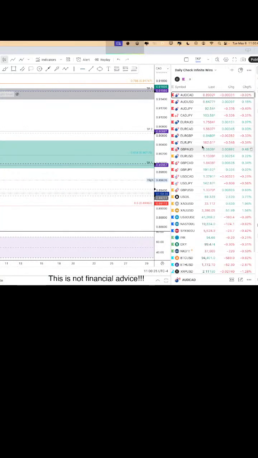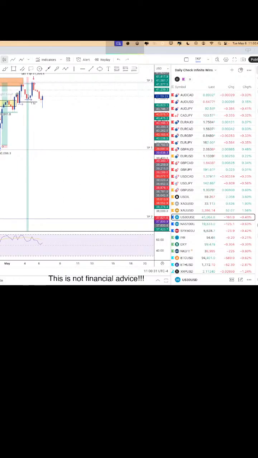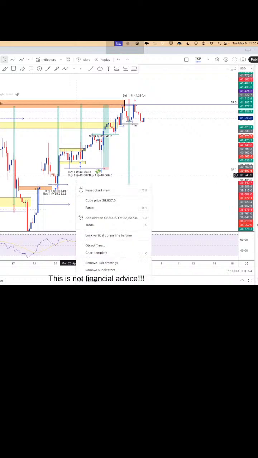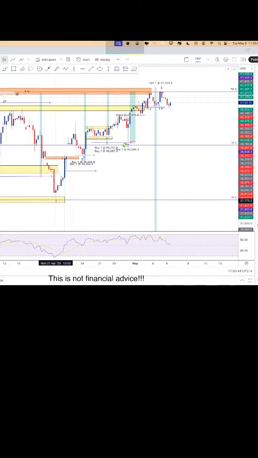Man, let me show y'all our trade of the week. This US 30. We took a few buys. So we actually caught this buy right here from the lows. Right here at this area, I thought we would see a pullback, but that did not happen.